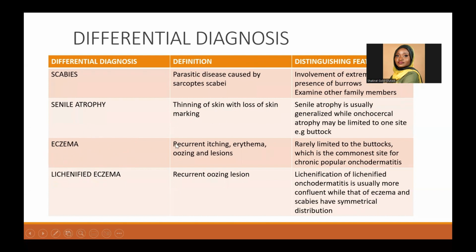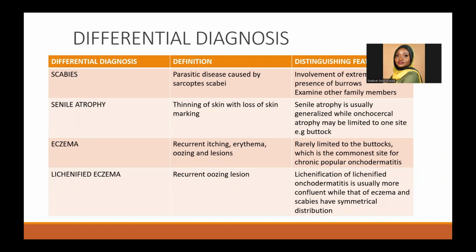Now, eczema, or atopic dermatitis, is also a very common differential. We don't have much atopic dermatitis in rural areas in Nigeria, though. So if I see a child in a rural area, I would want to think of onchodermatitis first. That's because it can also present as acute papular onchodermatitis with the itching, the papules, and oozing of the skin lesions with fluid.